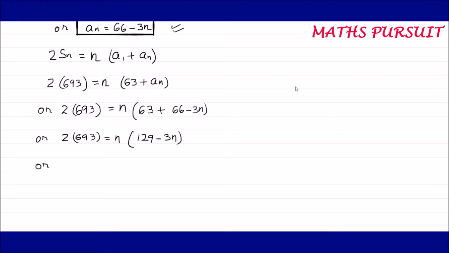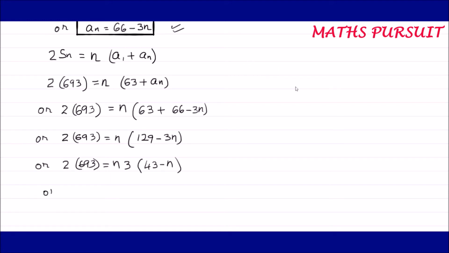Or I can write 2 into 693 is equal to n into 3 into 43 minus n. What I did, I could see that 129 minus 3n has 3 as a common factor. So I took out that common factor, that is 3. If I take out this common factor, we are left with 43 minus n.